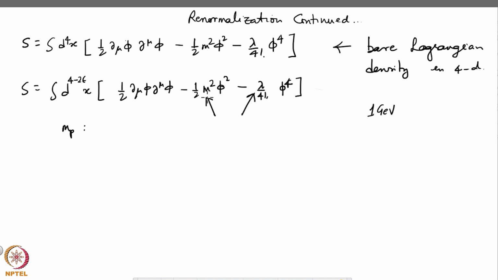And if you were to change these values of m and lambda to some other new values, it could be that the new mass becomes now, let's say, 15 GeV. Now this is a different theory, right? Because in the first theory, the particles had mass 1 GeV, and in the second theory, the mass is 15 GeV. The action looks the same, but the parameters that appear take different values. So changing these values will give you particles of different masses. So you are in a different theory.